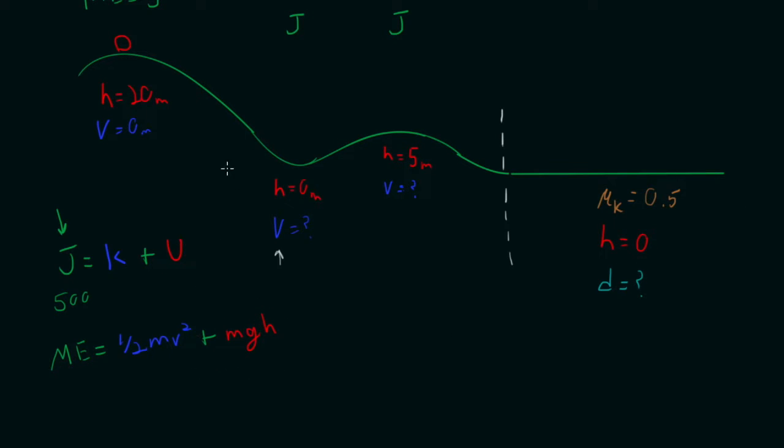So at all three of these points, we're going to use this exact same equation. The only thing changing in any of these moments is the value of v and the value of h.